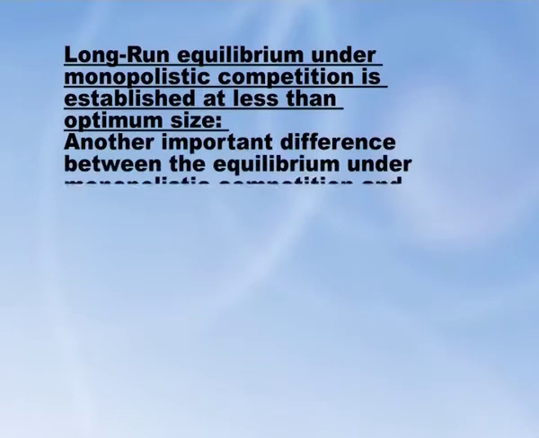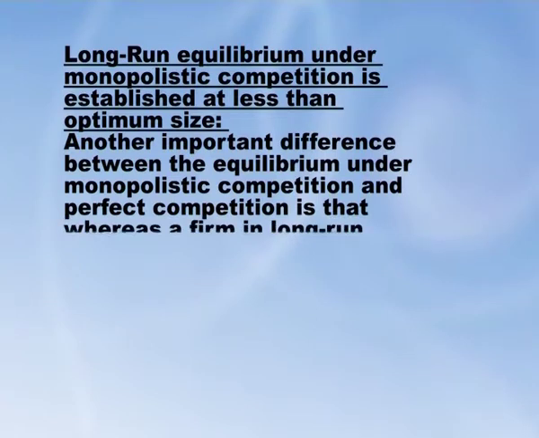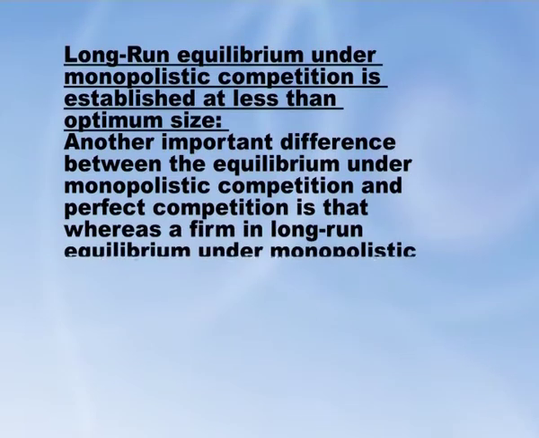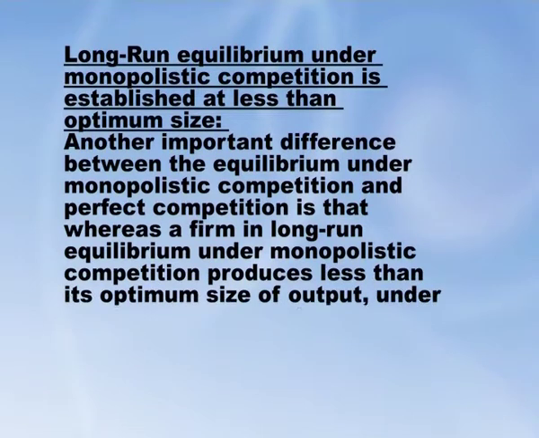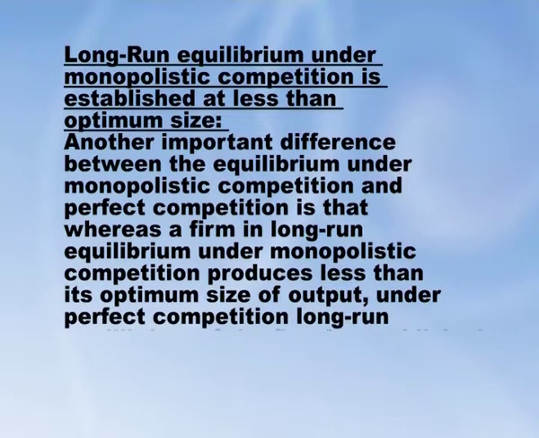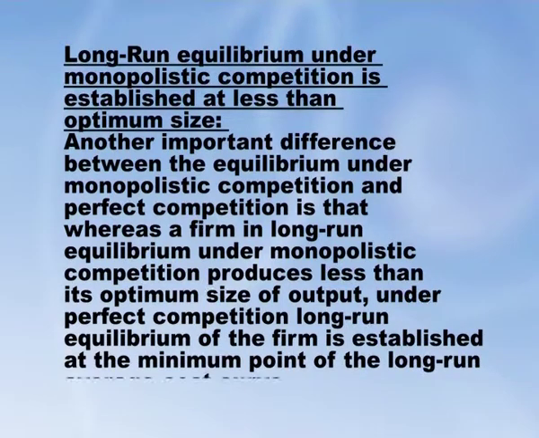Another important difference between the equilibrium under monopolistic competition and perfect competition is that whereas a firm in the long run equilibrium under monopolistic competition produces less than its optimum size of output, under perfect competition long run equilibrium of the firm is established at the minimum point of the long run average cost curve.